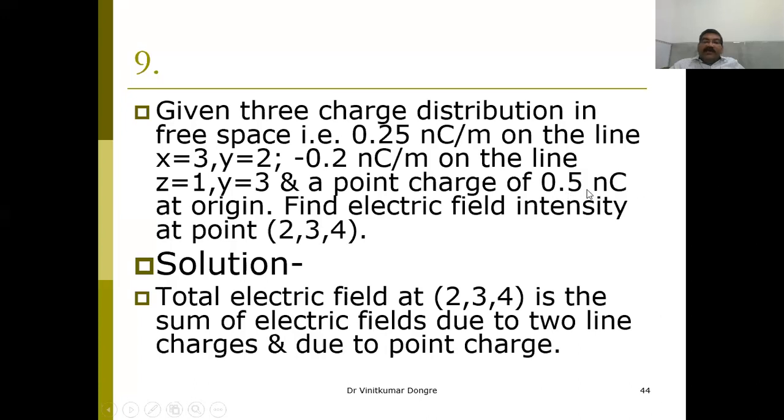The formula for the point charge will be the same as the point charge formula at the origin. Find the electric field intensity at point (2, 3, 4). So the total electric field intensity at (2, 3, 4) is the sum of the electric field intensity due to two line charges and due to one point charge.